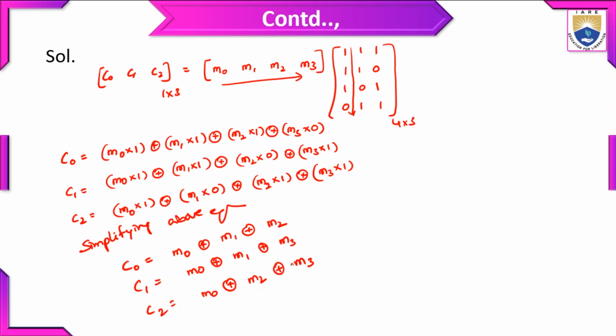So by using this, you can generate the parity. Why? Because my message bits are changing from 4 zeros to 4 ones, M0, M1, M2, M3. Okay.